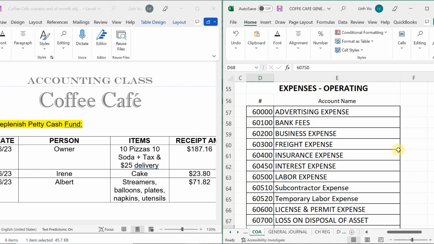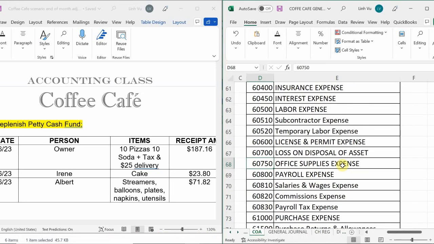Was this for advertising? No. Was it a bank fee? No. What about a business expense? Could be. Next one, freight expense. Obviously not. Insurance. No. Interest. No. Labor. No. Let's see what else. We have license, loss, office supplies.